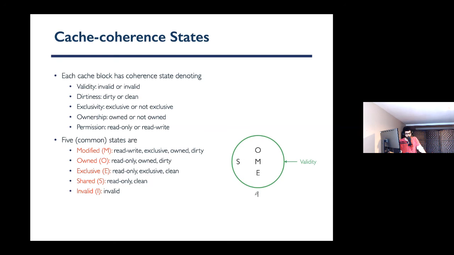Anything other than that would be invalid. So we're going to say this memory location for this CPU is invalid. You cannot use that memory location. Then you have ownership. If a CPU has a memory location in O, M, or E, all of them mean ownership. You have the ownership.